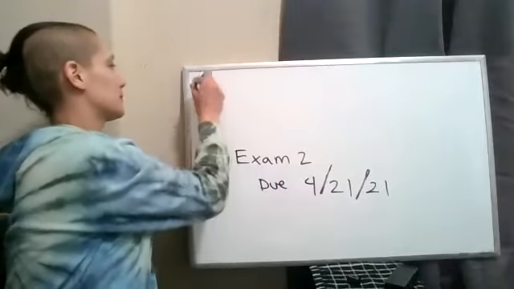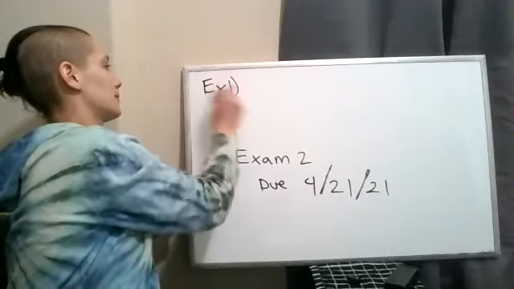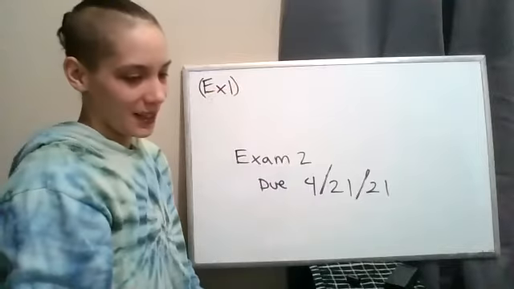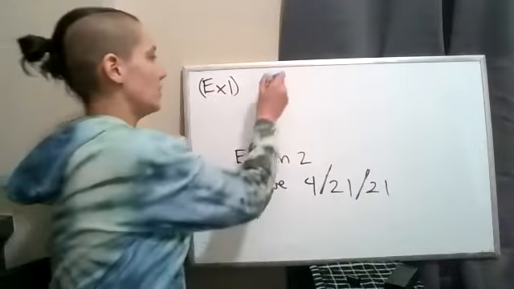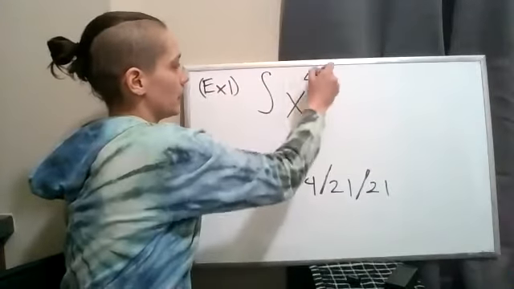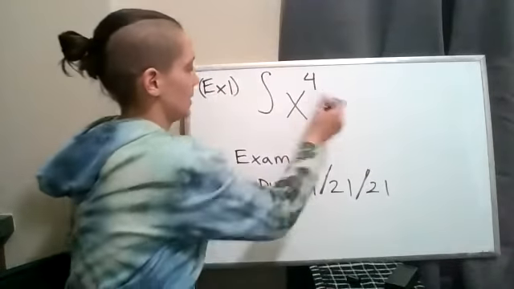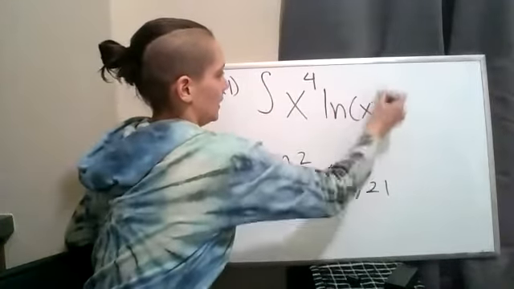Example 1. It's the integral of x to the power of 4 times ln of x dx.